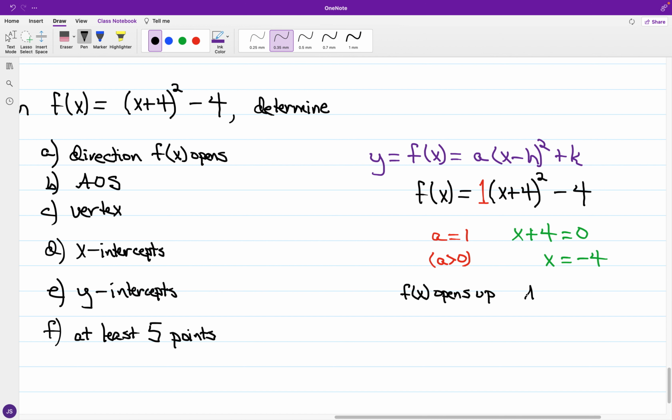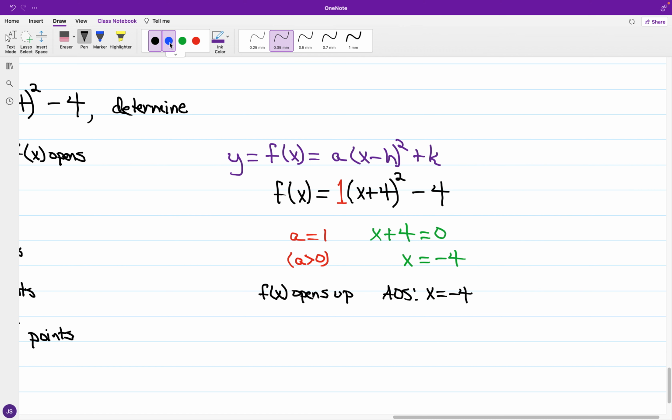In this case, you have the axis of symmetry, x is equal to h, which is negative 4. And as for the k value, we have the subtraction of 4. So k is equal to negative 4.